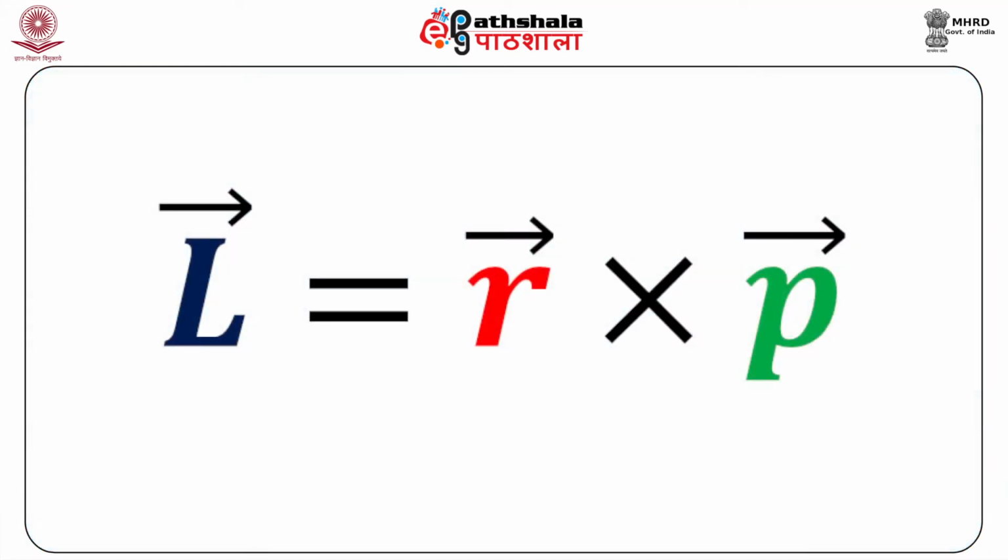Classically, angular momentum vector can be expressed as cross product of position vector and linear momentum vector. That is, capital L represents the angular momentum vector and is expressed as cross product of position vector r and linear momentum vector p.